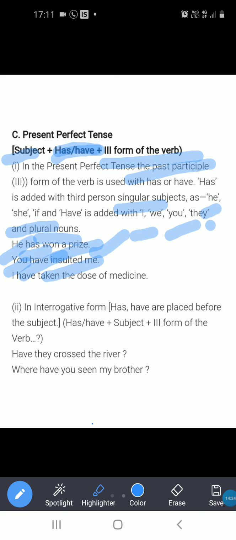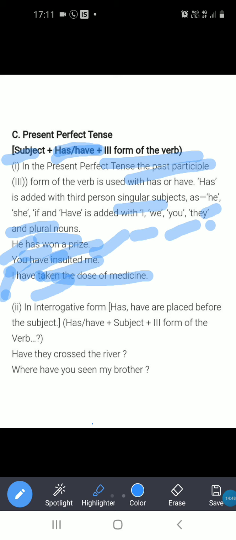Insulted. Okay. I have taken the dose of medicine. I is an exception. We always use have here. And taken is the past participle form of the verb.